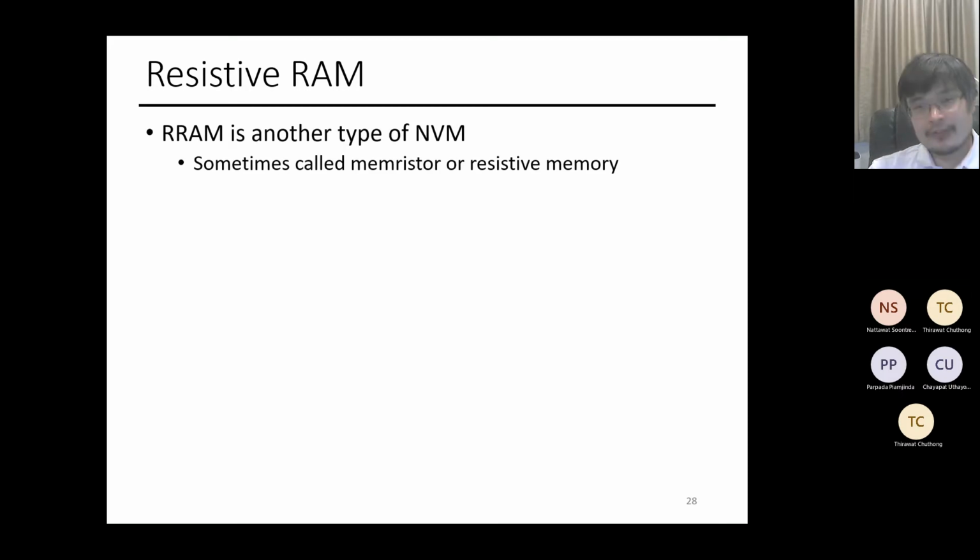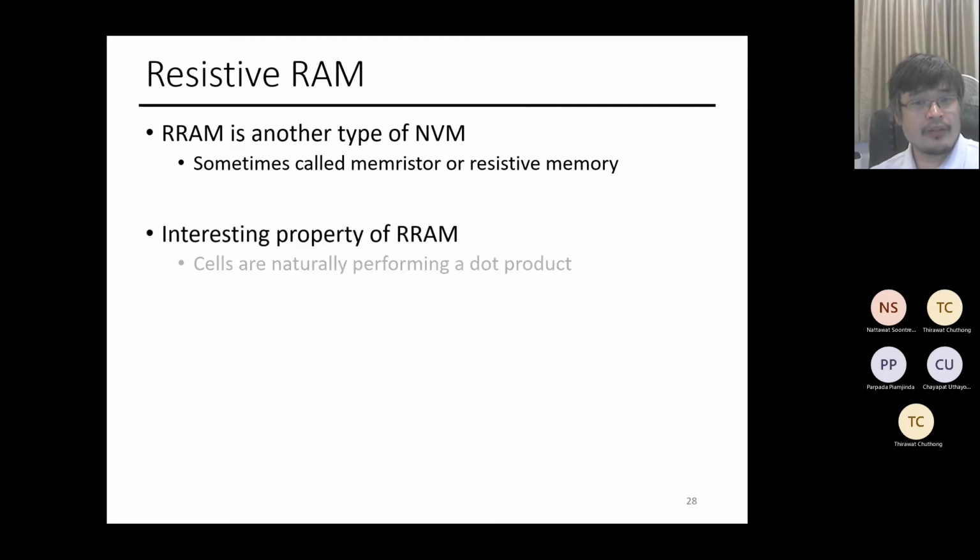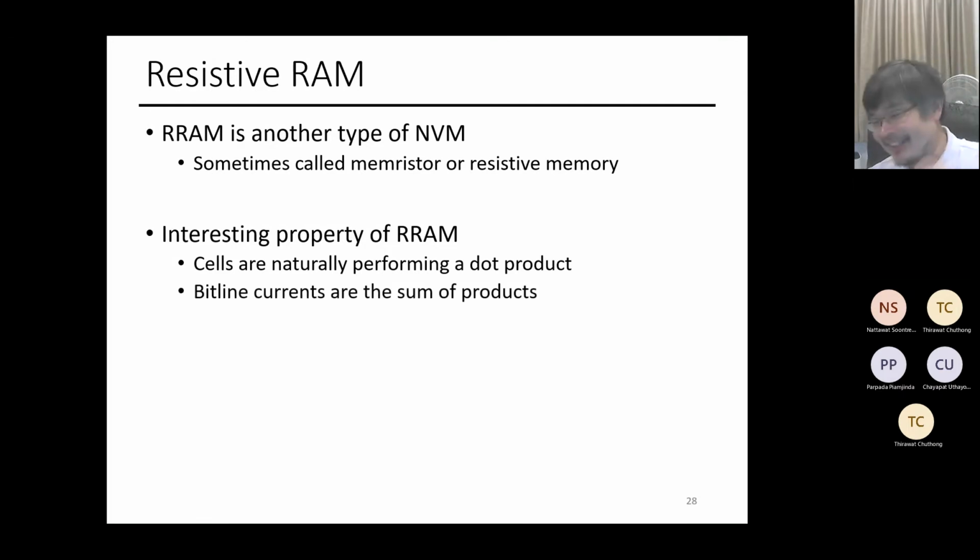Resistive RAM, or memristor, is another popular type of NVM. The interesting property of RRAM is that the cell naturally performs a dot product when you read from it. Instead of the bit line carrying electrons and just showing the 1 and 0 data, because the cell performs the dot product, the bit line actually becomes the sum of products.